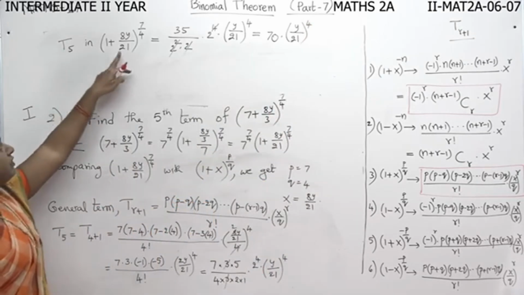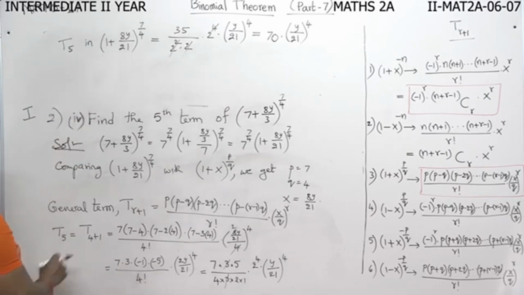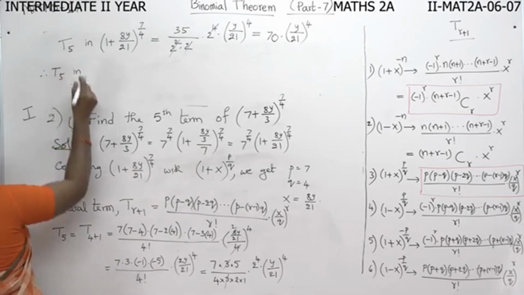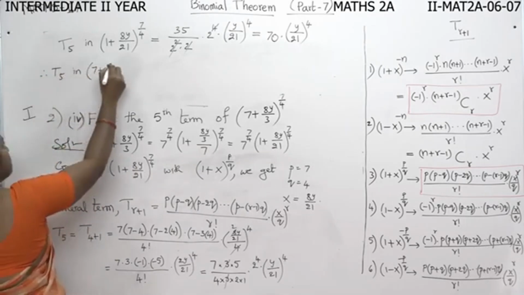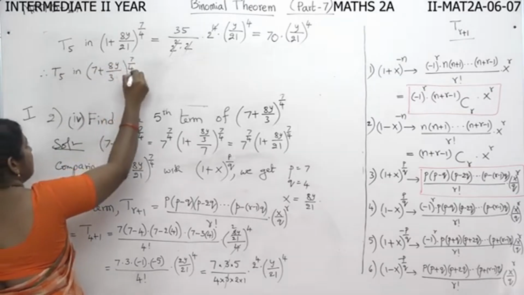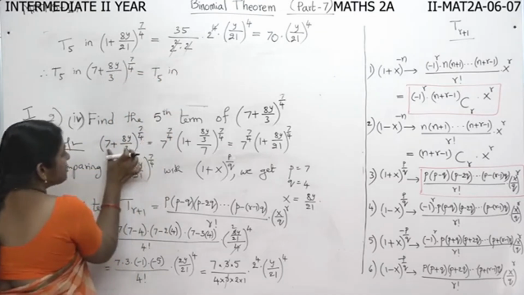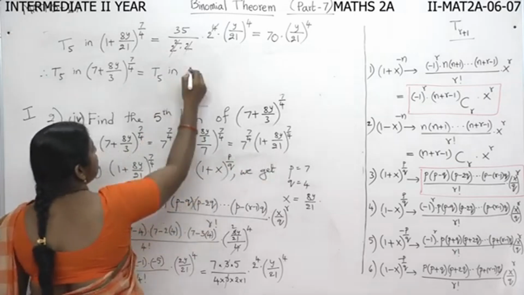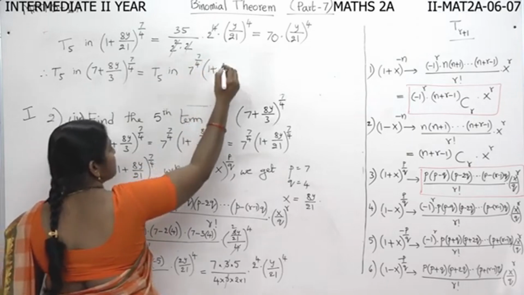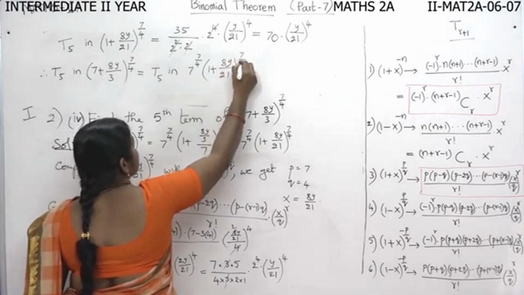This is the T5 value in (1 + 8y/21)^(7/4). But what we need is in this one. So therefore T5 in (7 + 8y/3)^(7/4) can be written like this: 7^(7/4) into (1 + 8y/21)^(7/4).